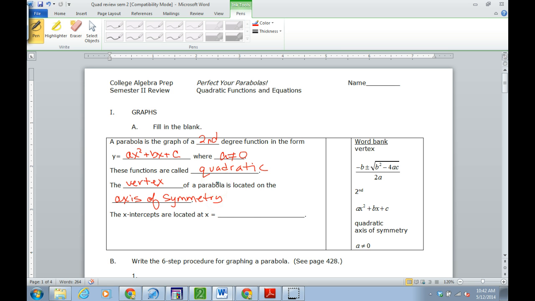The x-intercepts are located at negative b plus or minus the square root of b squared minus 4ac over 2a. What's that called again? Quadratic formula. Okay, so you can use the quadratic formula to find your zeros, or you can factor by hand. You can use the box method as well.